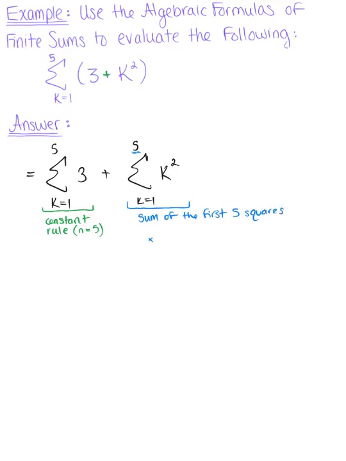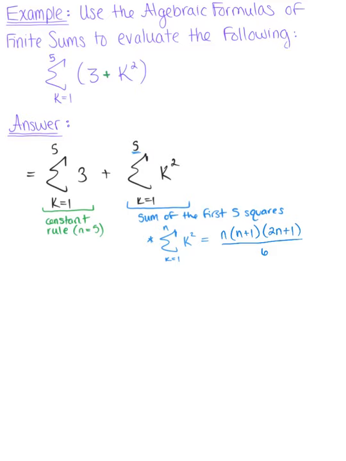To help us out, let's quickly recall that the sum from k is 1 to n of k squared, so the sum of the first n squares, is equal to, excuse me, n times n plus 1 times 2n plus 1, all divided by 6.